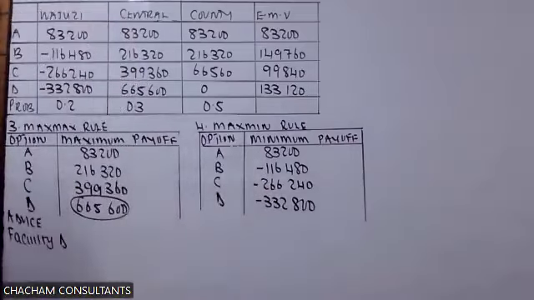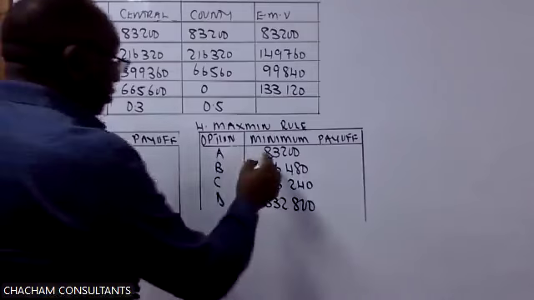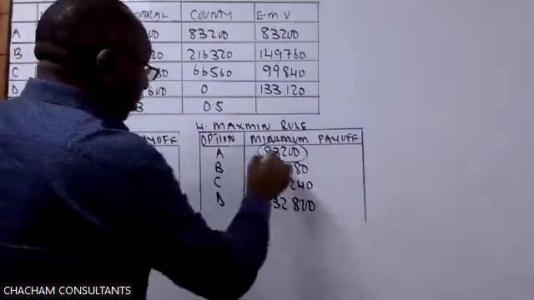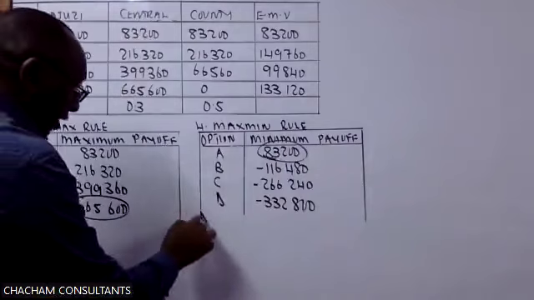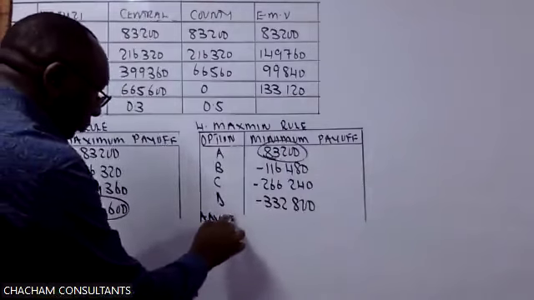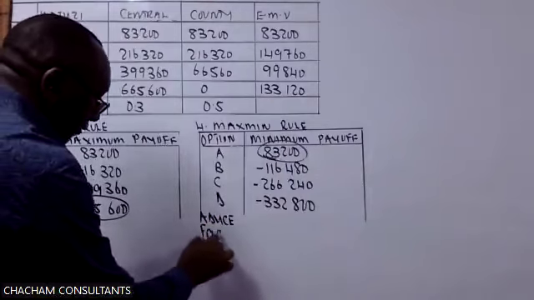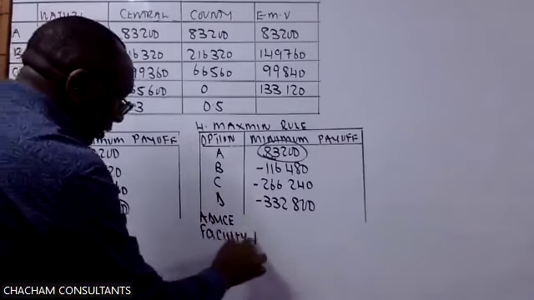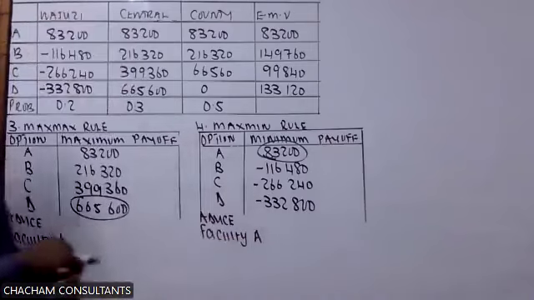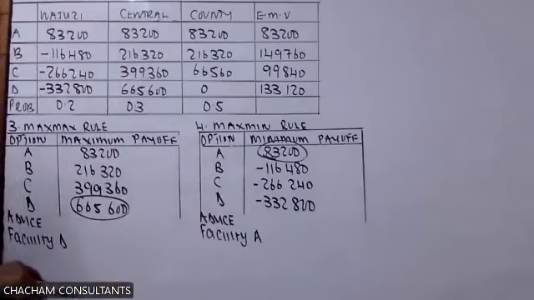A. A, good. So we select that. So our advice is they should go for facility A.